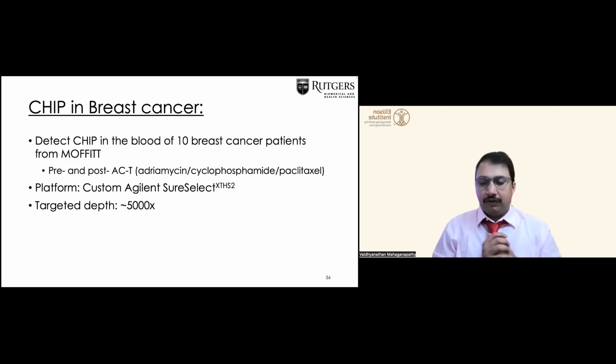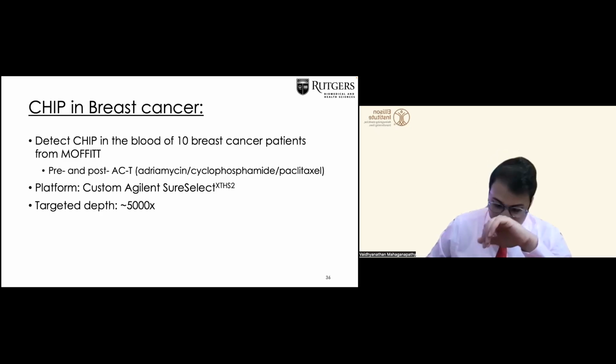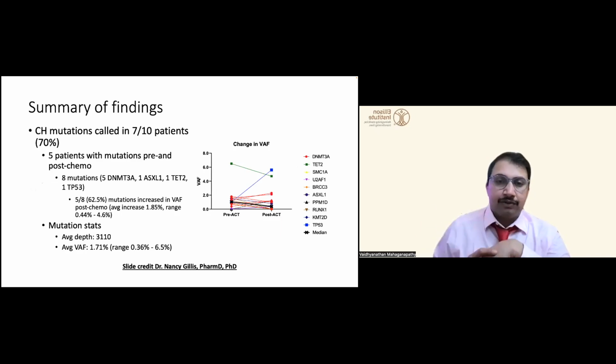So we said, okay, can we detect CHIP in this cohort? The sequence depth here is actually really good. I was jealous. It was 5,000x. And when we looked at 10 patients as a pilot study to try to determine the direction this can take, we were surprised to see clonal hematopoiesis mutations detected in 7 out of 10 patients, which was fantastic news.